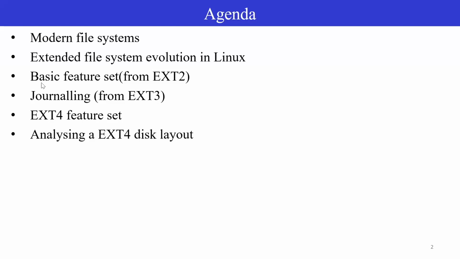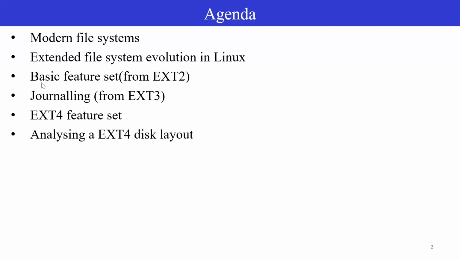Extended in the sense that there's a large portion of EXT2 even in EXT4, and obviously of EXT3 too. So it's an evolutionary file system rather than a revolutionary file system, and things have been added as the requirements came in. We will see how the extended family of file systems evolved across time.